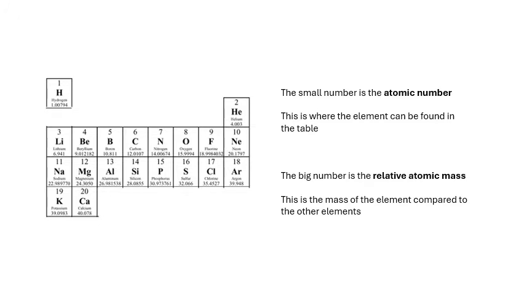A carbon atom is about 12 times heavier than a hydrogen atom. In fact, it's compared to carbon: if we say carbon has a mass of 12, then it's compared to carbon 12 anyway.